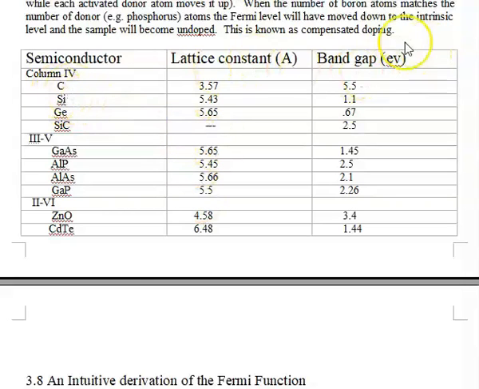Okay, I probably should have put this in the last session, but this is a table of semiconductor materials, their lattice constant, and the band gap. And you'll notice for the pure materials, as the lattice constant goes up, the band gap goes down.